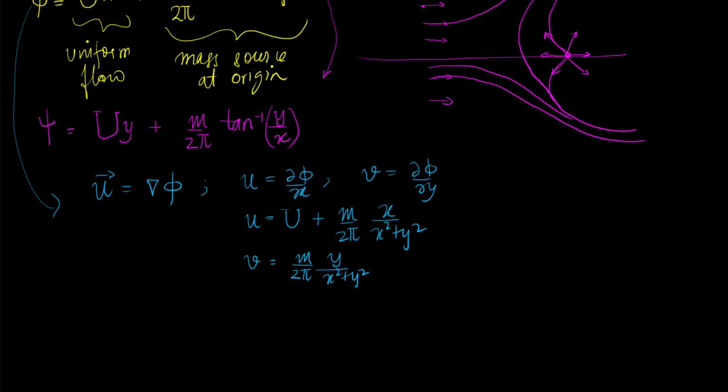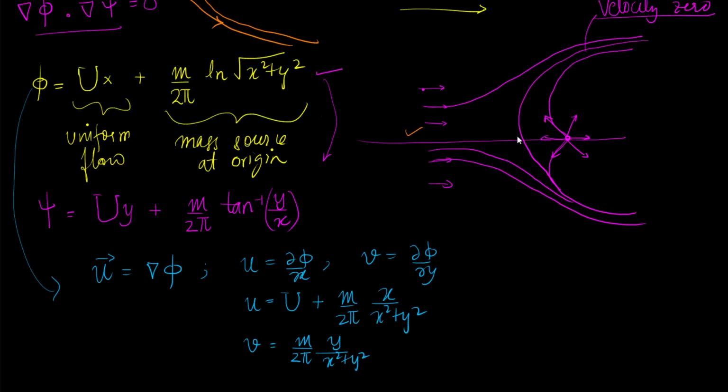So these are the two expressions. When is there a stagnation point? From this particular diagram, it is very easy to see that the stagnation point would be somewhere on the x-axis itself. That is where this flow and this mass entry from this point will collide and make the velocity equal to 0.